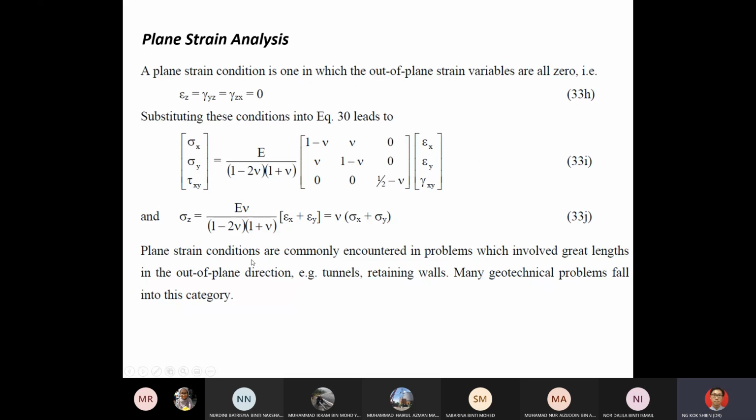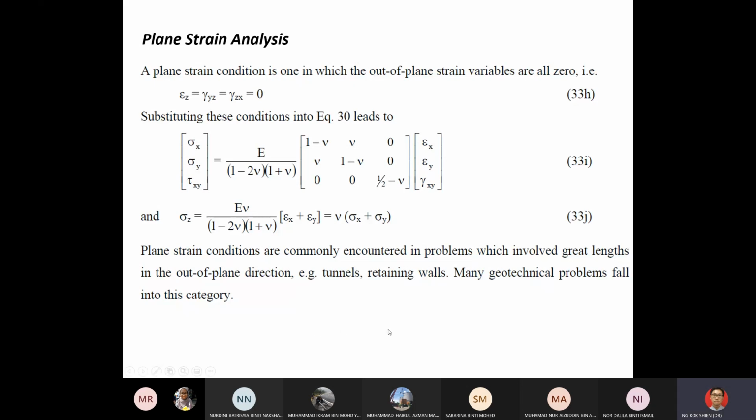Plane strain conditions are commonly encountered in problems which involve great length in the out-of-plane direction, like tunnel and retaining wall. As I also mentioned, embankment, and also strip footing. Many geotechnical problems fall into this category. So for geotechnical design, plane strain analysis is quite common.